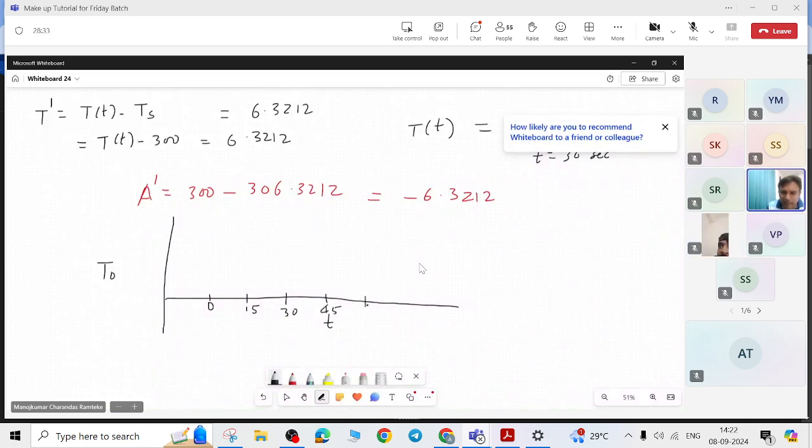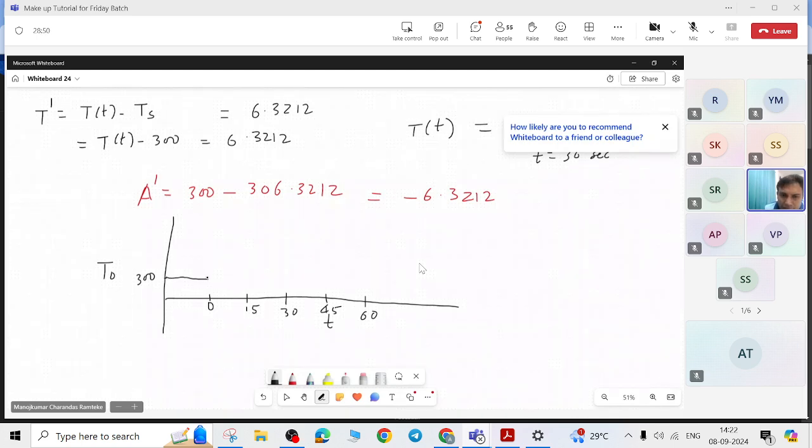Then I am looking at, let's say, 60 seconds. So now what is happening? Let's say this value here is 300. You can see that initially the bath temperature is maintained at 300 up to time t equals 0.